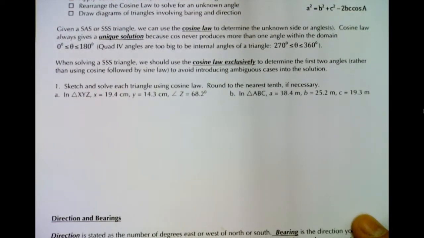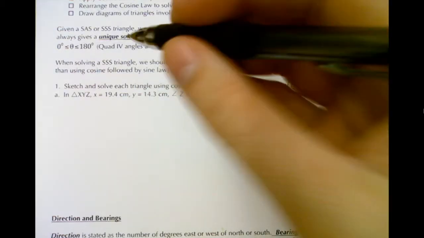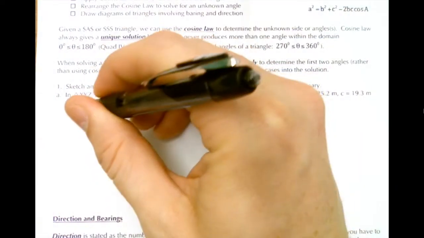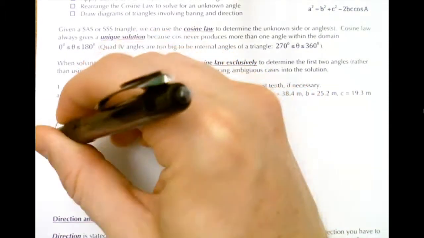We'll do an example like that too. So let's take a look at two examples. Sketch and solve each triangle using cosine law. Round to the nearest tenth if necessary. In triangle XYZ, x is 19.4 centimeters, y is 14.3 centimeters, and Z is 68.2 degrees. So let's give this a shot. I'm going to put the angle I know down here, and draw my triangle like this.